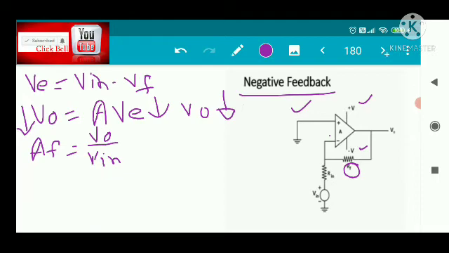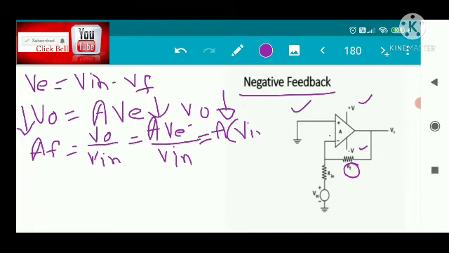Okay, so your V0 will be A into V divided by V in. Also V equal to A into V in minus VF.